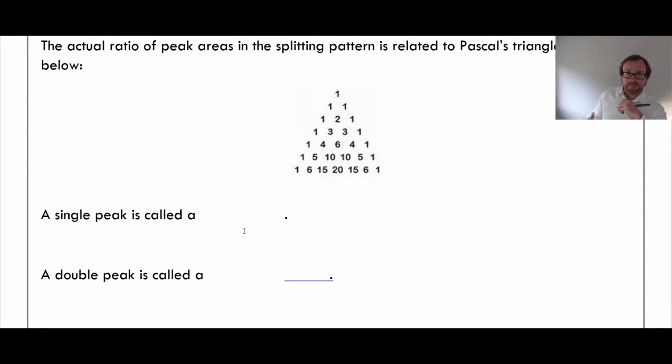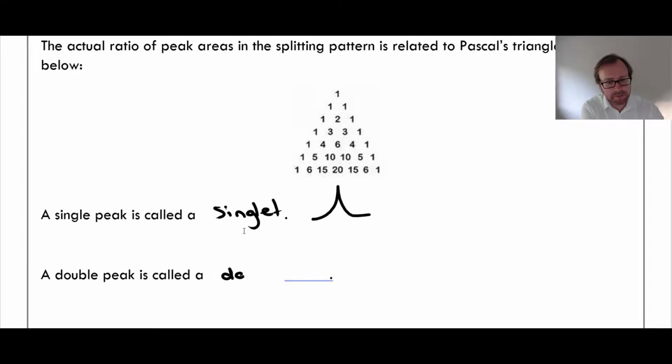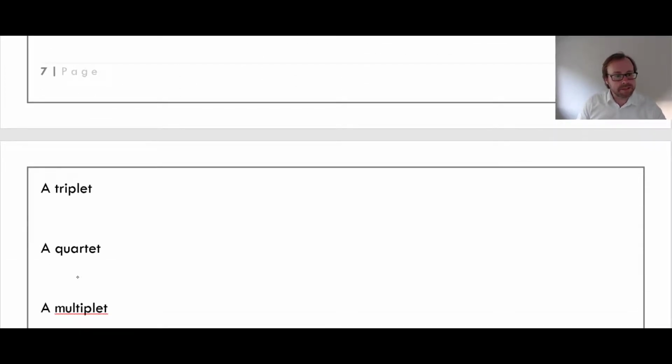Okay, so you need to know the names of these splitting patterns. So a single peak is called a singlet. And that's what you have been seeing on your low res, so it would look like this. A double peak is called a doublet. And a doublet will look something like this. A triplet would look like this.